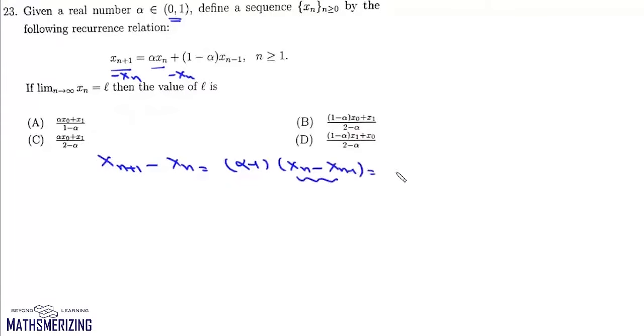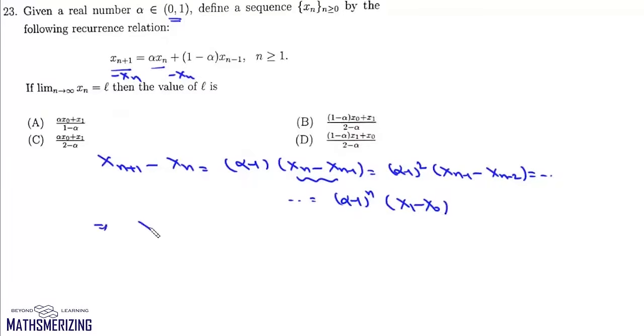In the same way we can write this as (alpha minus 1) square into (x(n-1) minus x(n-2)), and if we continue this iteration we can write this as (alpha minus 1) to the power n into (x1 minus x0).